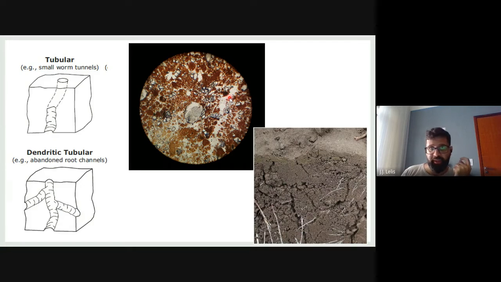And if we can date the organic materials inside these voids or in the neighborhood of these voids, we can understand when they were created and which climate condition could be related to this kind of feature. Okay.